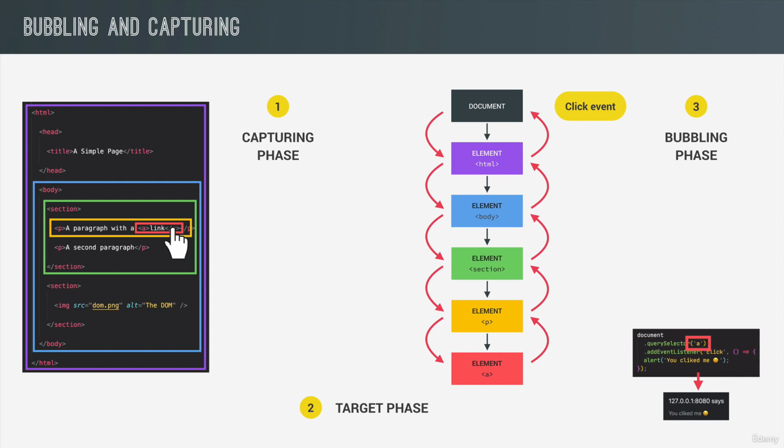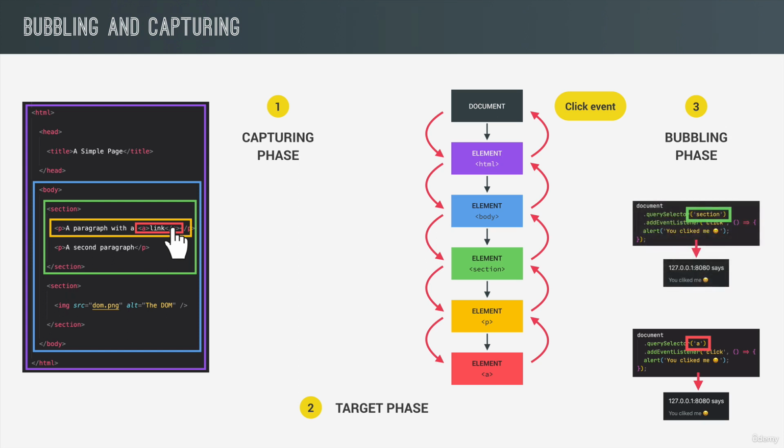Well, it is indeed very important because basically it's as if the event also happened in each of the parent elements. So again, as the event bubbles through a parent element, it's as if the event had happened right in that very element. What this means is that if we attach the same event listener also, for example, to the section element, then we would get the exact same alert window for the section element as well.